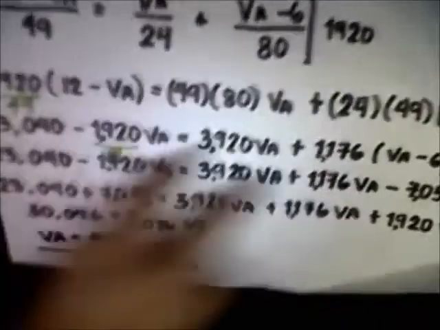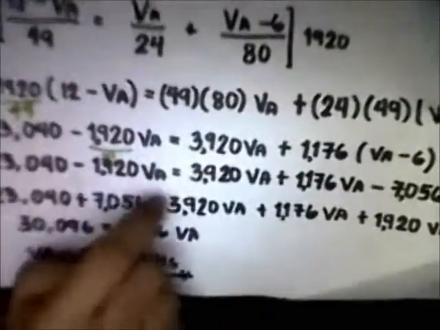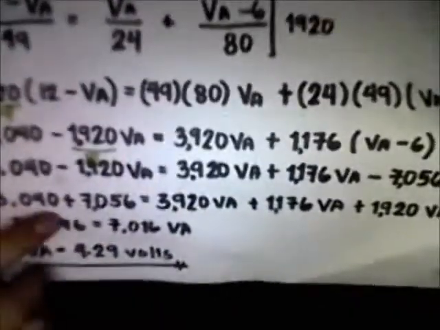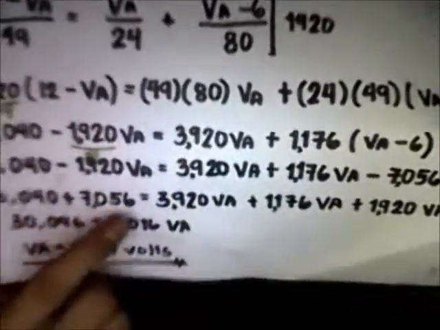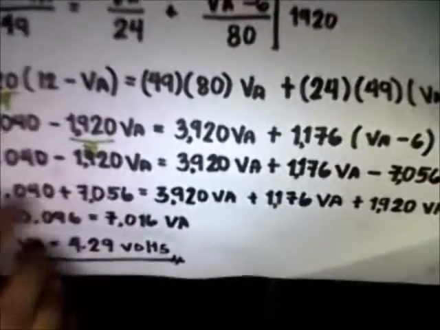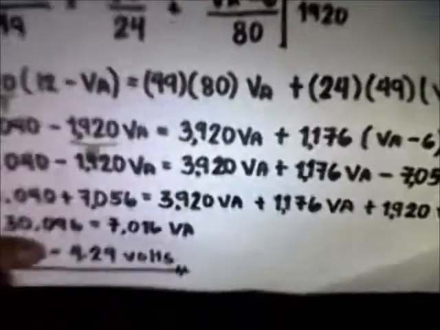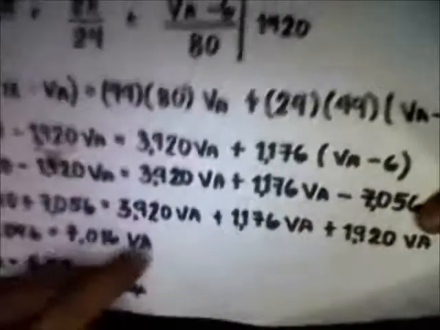So we have to transpose values with VA to one side and constant values to the other side. So 23,040 plus 7,056 is equal to 30,096.